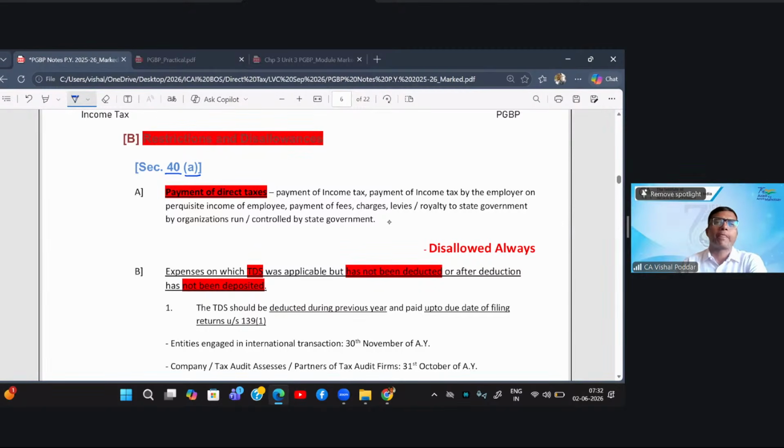Importantly, the Income Tax Act says, under the PGBP head, that if you have made payment of direct tax, in which obviously you know what is covered, income tax is covered, or if as an employer you are bearing the income tax liability of your employee, all these expenses which you are paying as a direct tax will be disallowed. It will never be allowed to you as deductions.